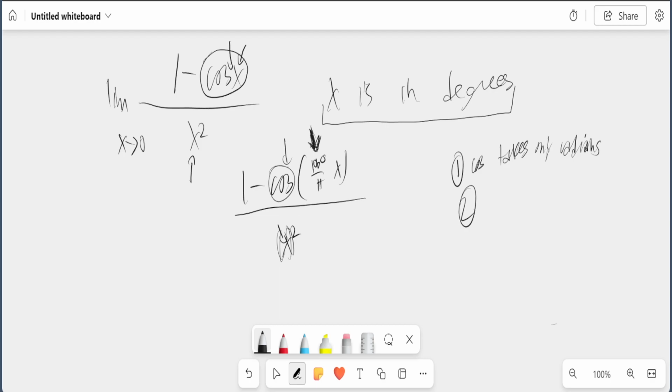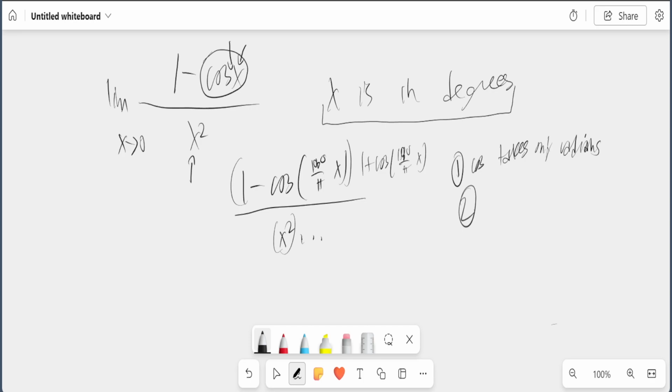Then you just do the limit normally. There are two ways you could go about this. One is to use L'Hopital. Did you guys learn L'Hopital? No. Okay. So the way you would do this is 1 plus cosine of pi over 180 x, and then do that to the bottom as well.